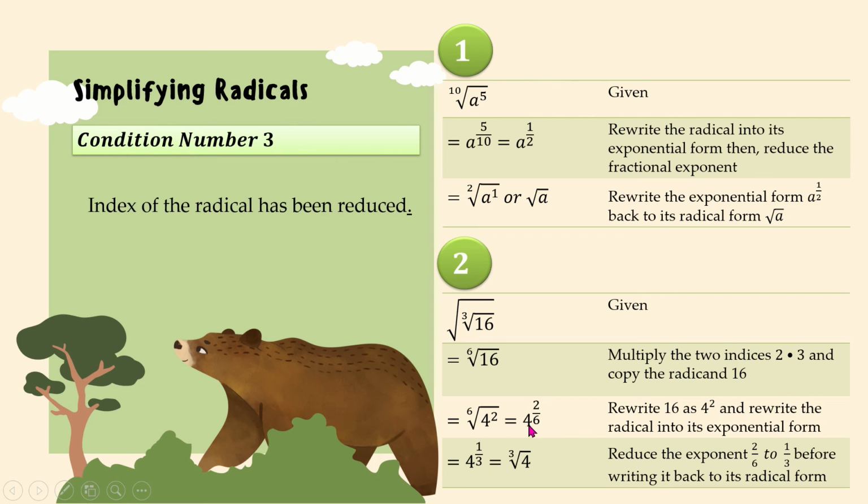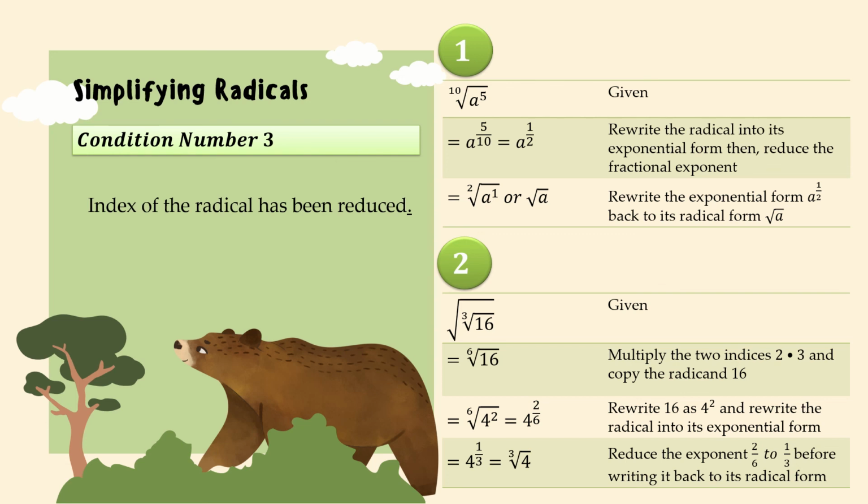So base 4 exponent 2 over index 6. Reduce the exponent 2 over 6 to 1/3 before writing it back to its radical form. So 4 exponent 1/3, then rewrite back to its radical. The 1 is the exponent of base 4, and 3 is the index, or the cube root of 4.